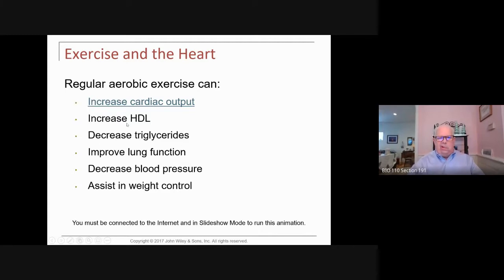Exercise also increases high density lipoproteins, HDL. Is HDL good protein or bad protein? This is cholesterol, by the way.